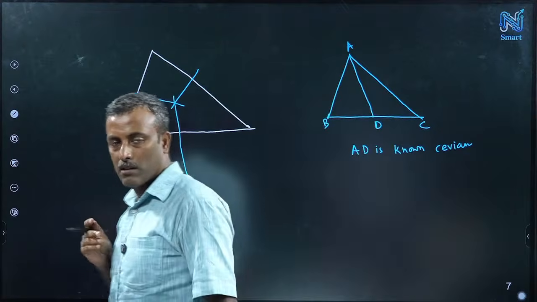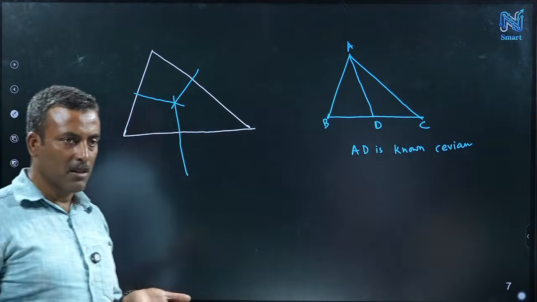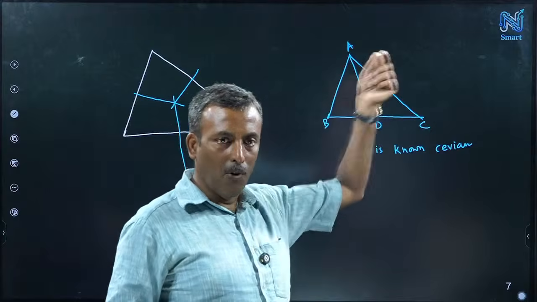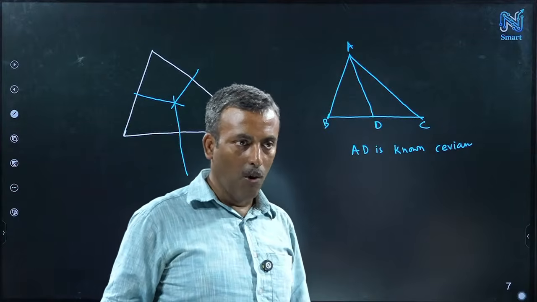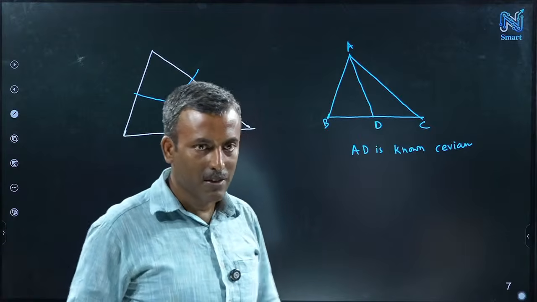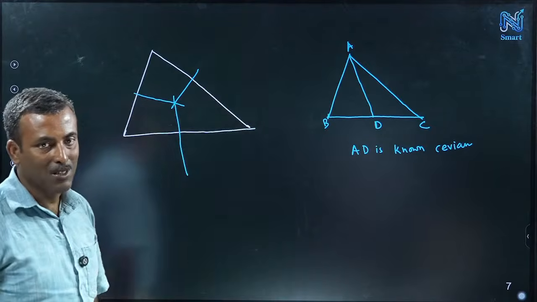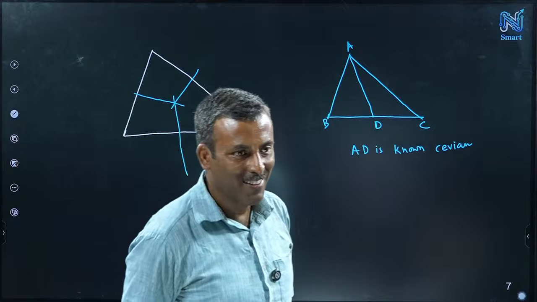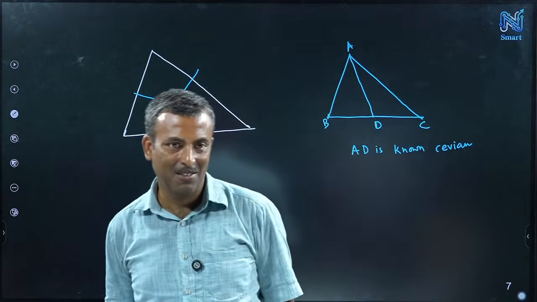From Ceva it is Cevian. Cevian means a line from a vertex to a point on the opposite side, but the problem is these lines are not Cevians, right, these lines are not Cevians.